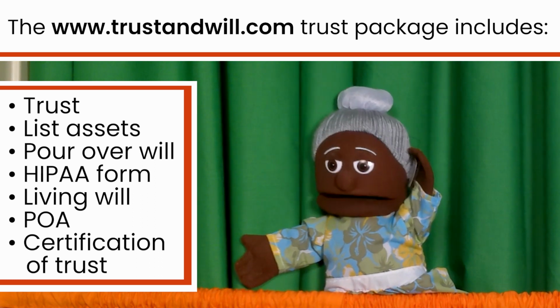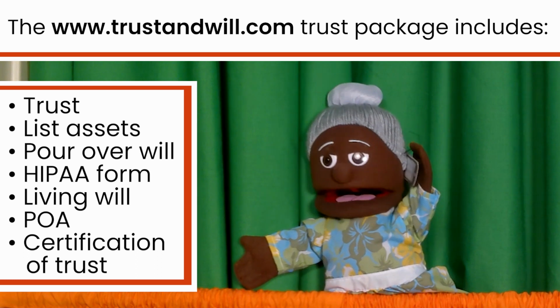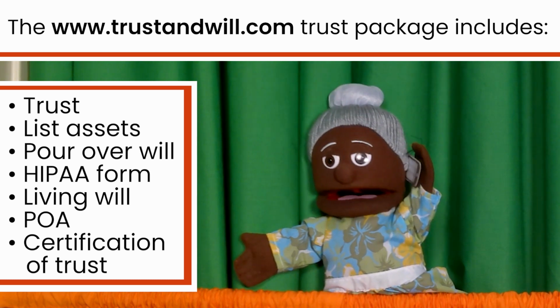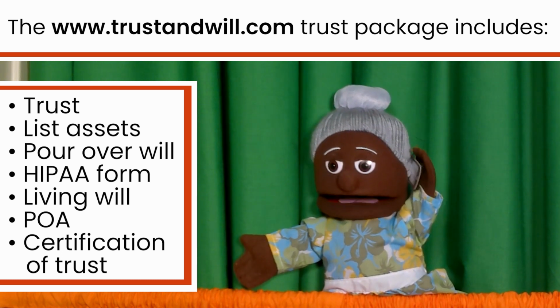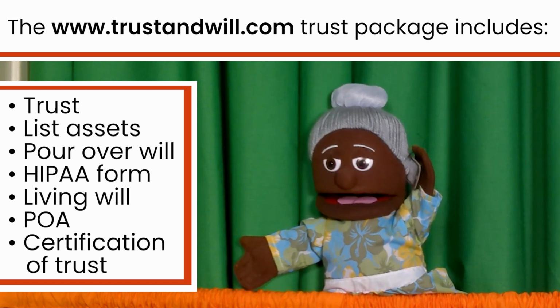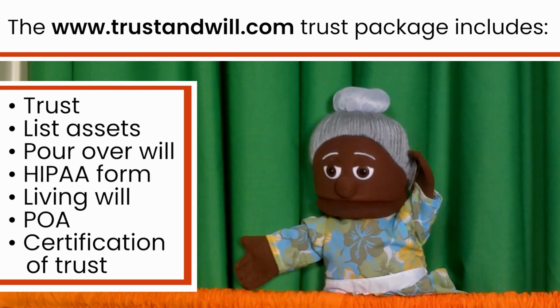It has your HIPAA authorization, a living will, power of attorney, and certification of the trust. All that's part of their fee. It's so much to plod through, but doing something is a whole lot better than nothing. And again, you really can get the first blush done in 20 minutes.